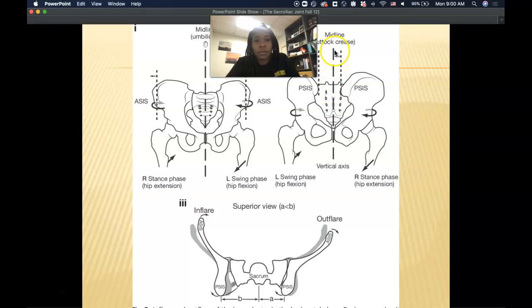One of the things that we'll do in lab is put our finger on the sacrum or the midline and then compare the distance between the PSISs, because a lot of times that's going to tell you if that patient has an outward flare, closer to the midline, or an inward flare, where that PSIS has moved further away from the midline itself. So that's one assessment tool that we can use to look at flares of the ilium.